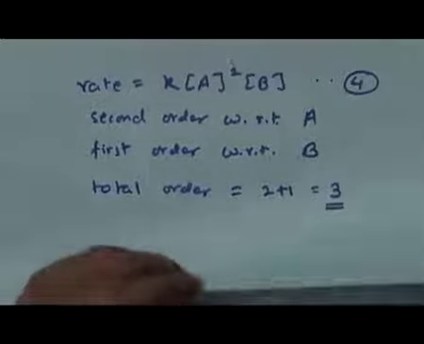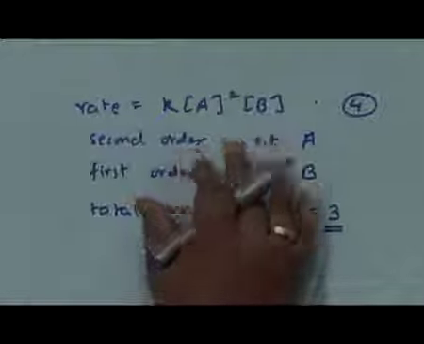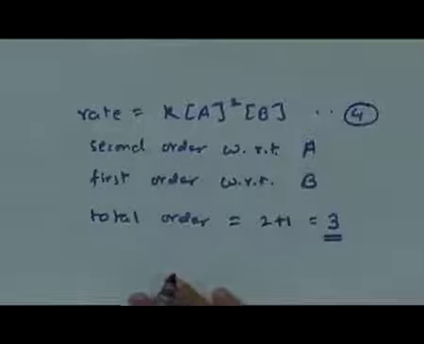Okay. So, the equations we have written out here, the equation you saw out here and the equation we wrote out here, we can write in a very general way.